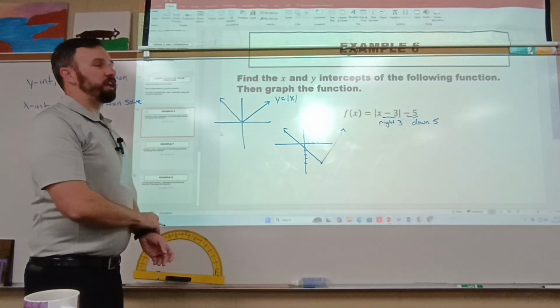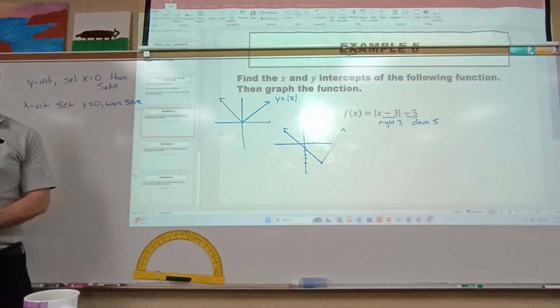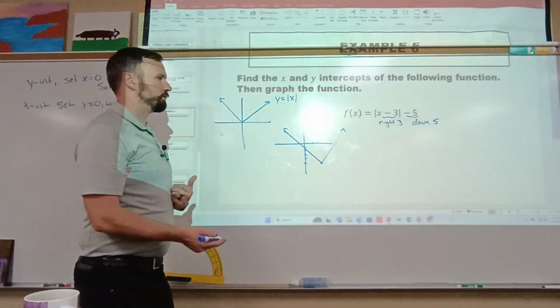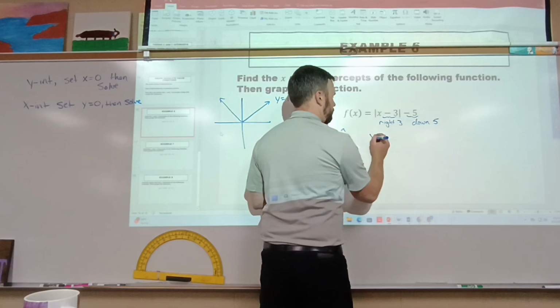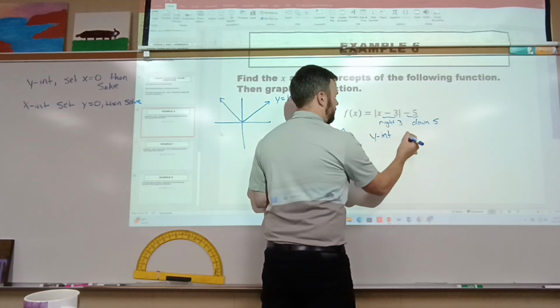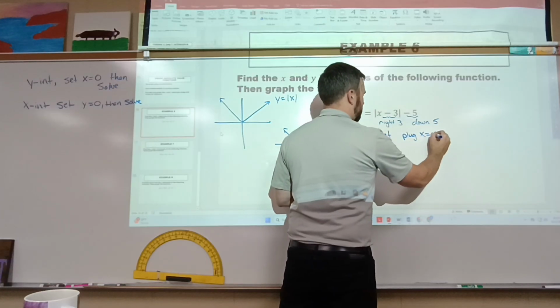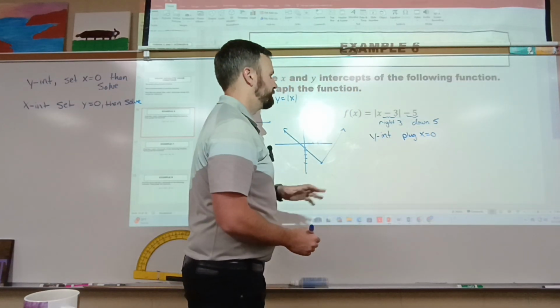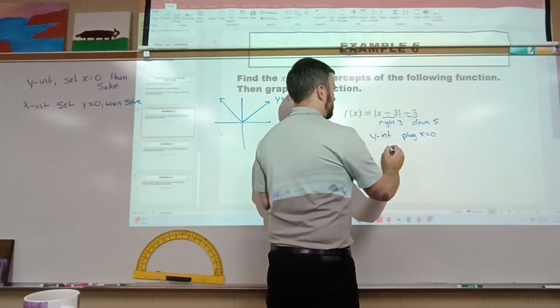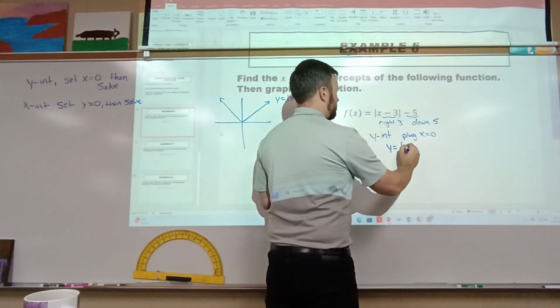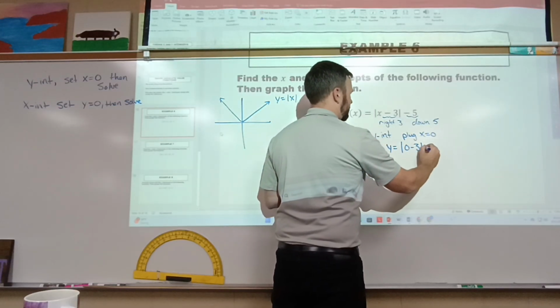Now, I could draw it and guesstimate my intercepts, but let's make sure we know how to do it right. For my y-intercept, I'm going to plug x equals 0 in. y equals absolute value of 0 minus 3, minus 5.